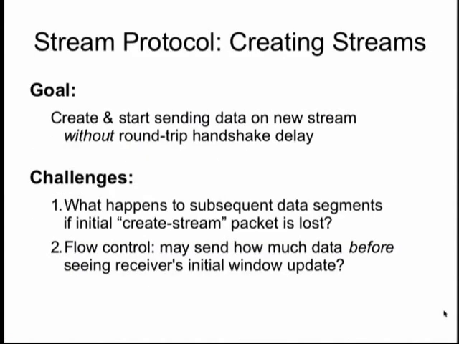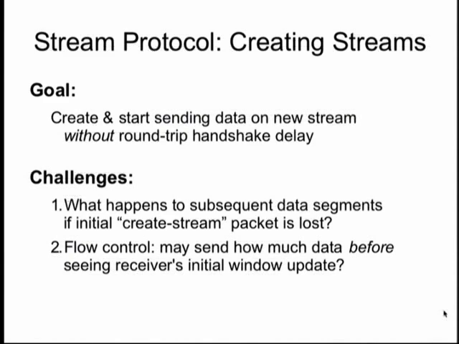So our goal in the stream creation mechanism is to allow the application to create streams rapidly and without having to wait for a three-way handshaking delay on startup. This is a challenge for two reasons. First of all, suppose the transport sends a create stream packet, and then without waiting for the three-way handshake, it immediately starts sending data on the stream.